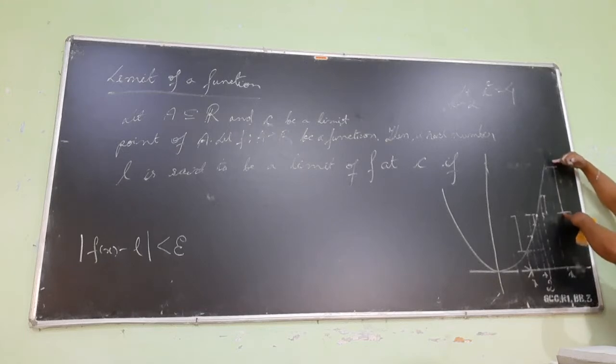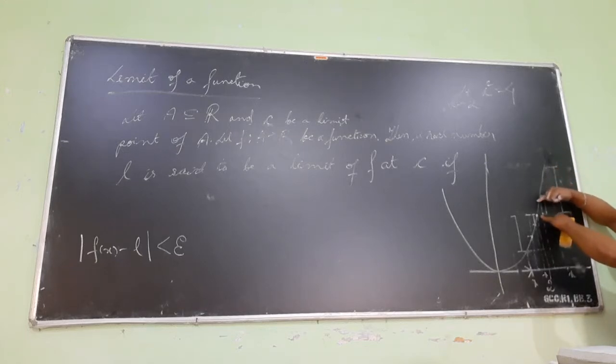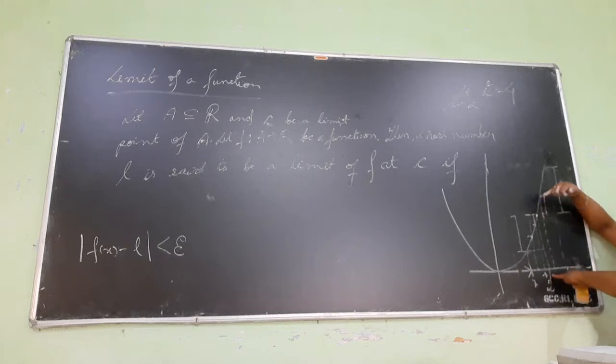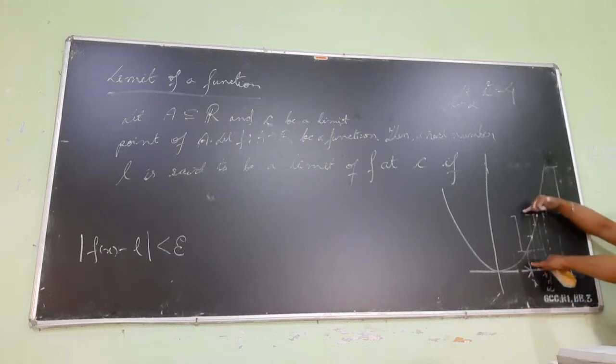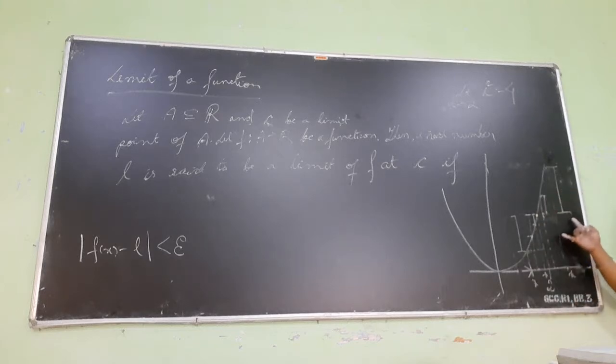As we approach from the left side also, this difference is decreasing. So if this happens, then the limit of f at x equal to 2 exists. Otherwise it doesn't exist.